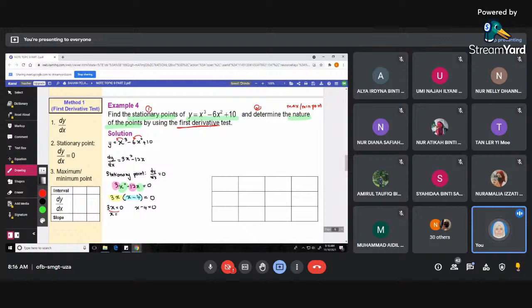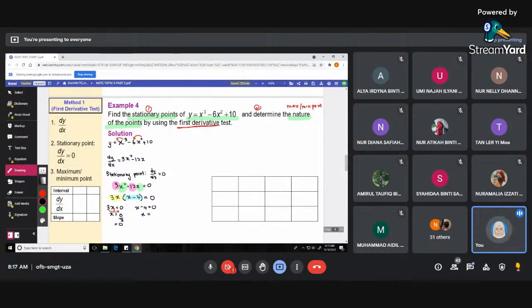What happened to 3 here? Divide by 3. 0 divide by 3. Undefined madam. Hanya 0 lah. Wait. 0 divide by 3 equal to 0. So x equal to 0.